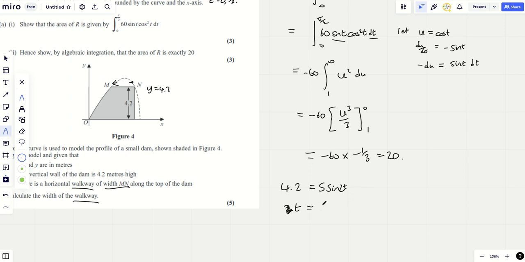Let me just get the Desmos calculator out. I need to do inverse sine of 4.2 over 5. Inverse sine of 4.2 over 5. But I need to be in radians, that's annoying.